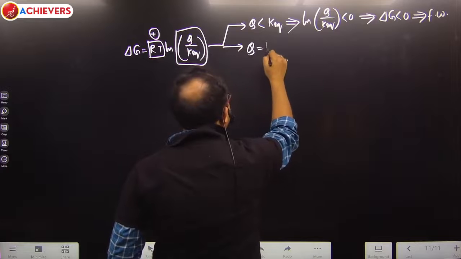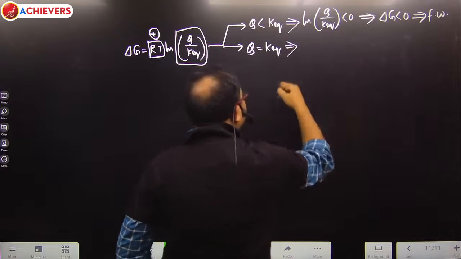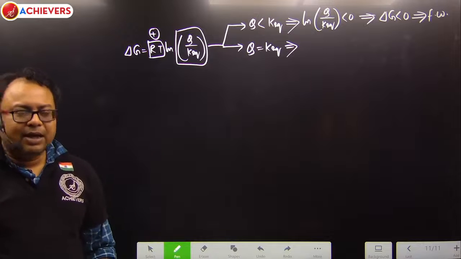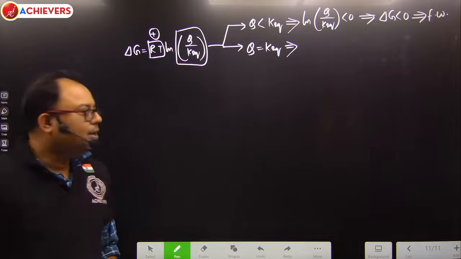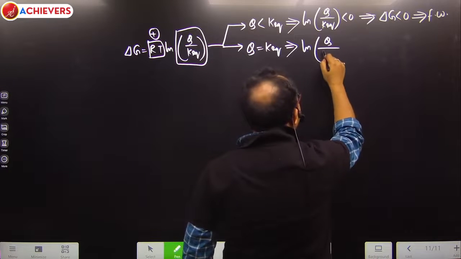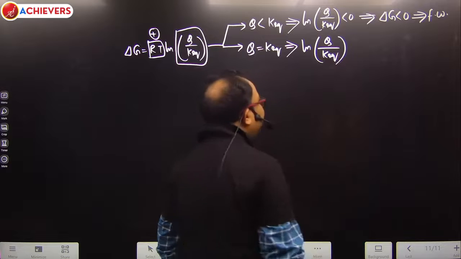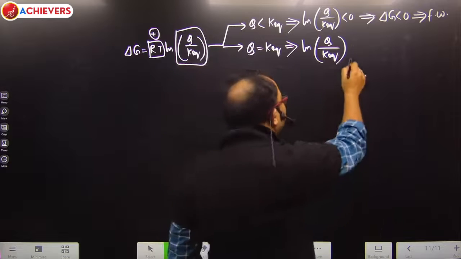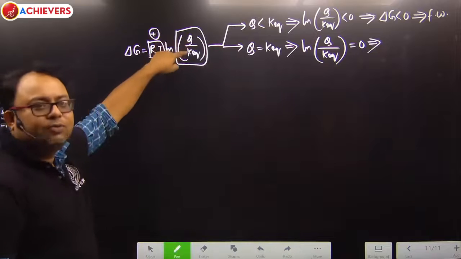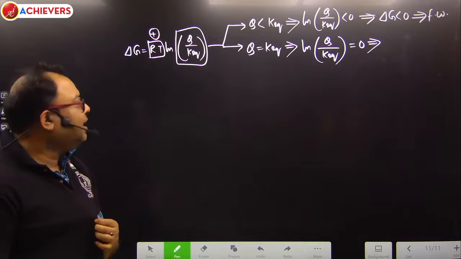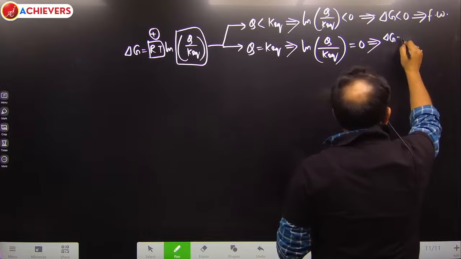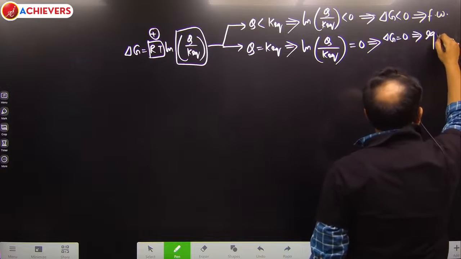If Q is equal to KQ, then what is going to happen? In that case, ln Q by KQ is equal to 0. Why? Because Q by KQ is 1, ln 1 is 0. If this is 0, 0 multiplied by anything is 0. So delta G becomes 0. And that refers to the state of equilibrium.